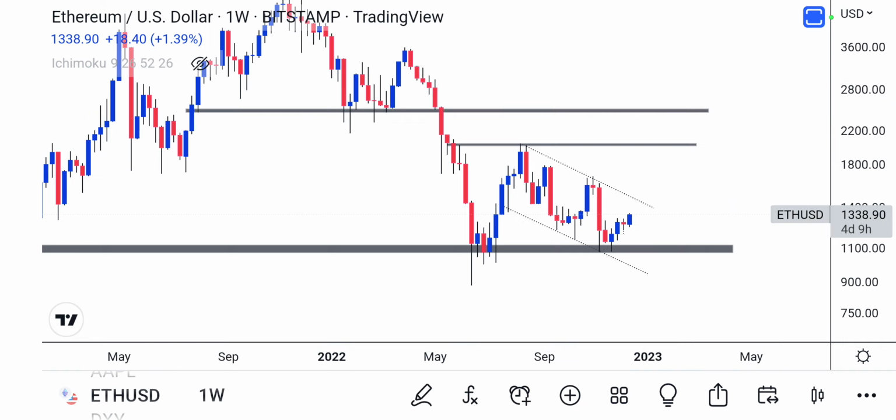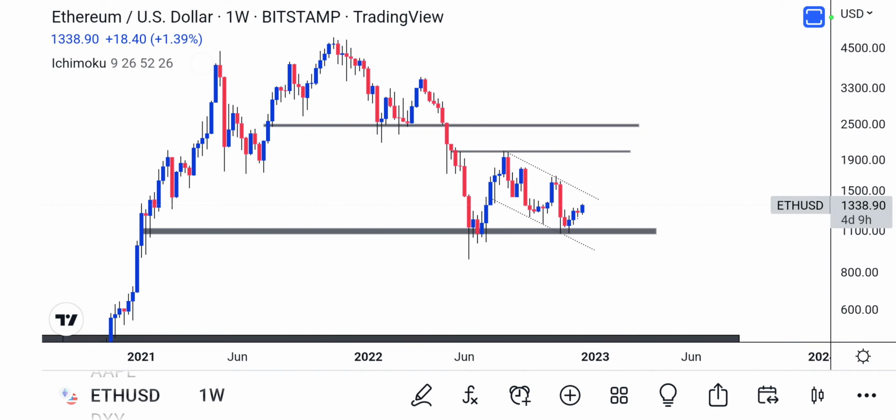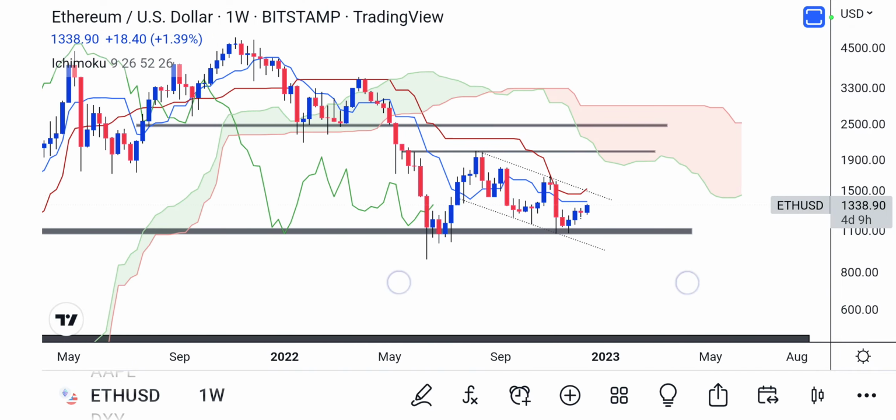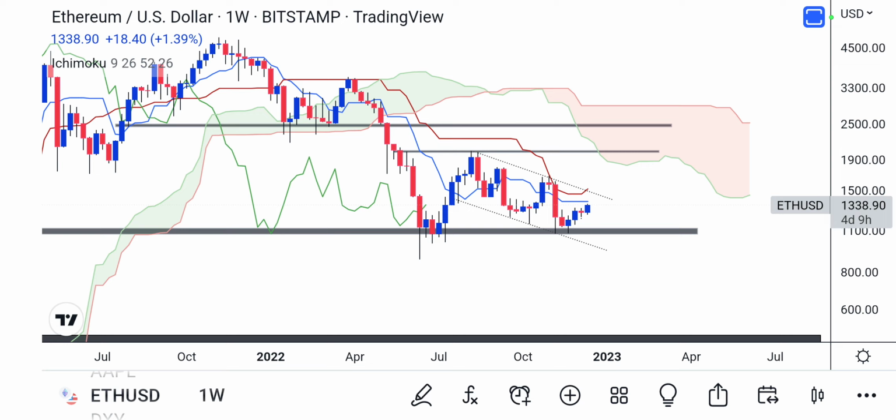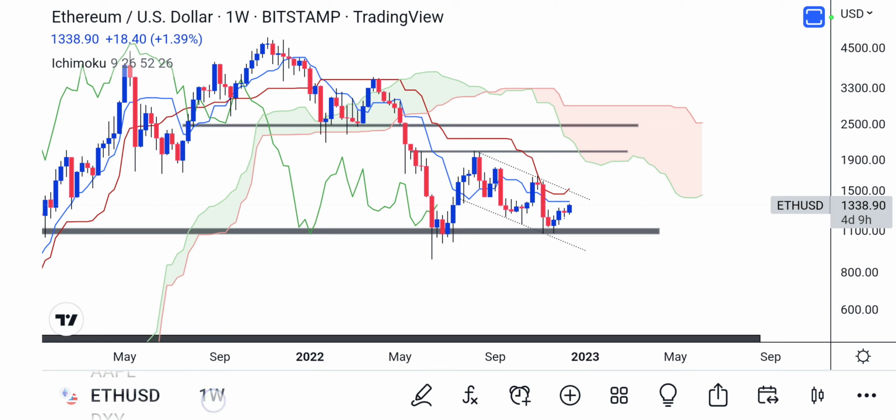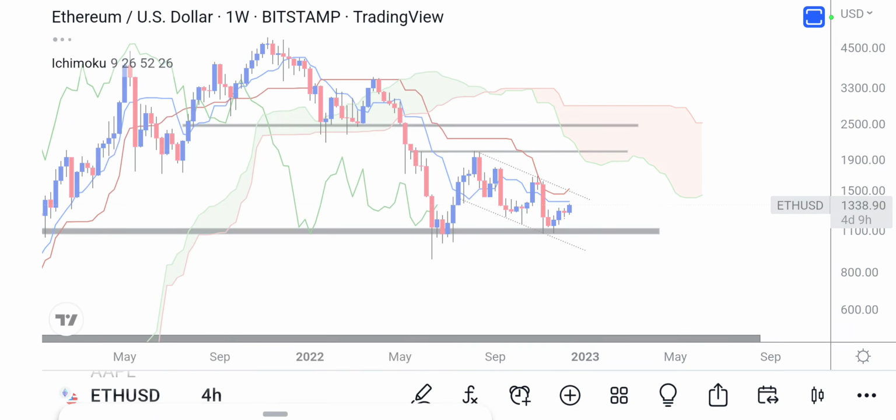We should take note of all this. Very, very important. And what about the Ichimoku? We're yet to see the bullish cross, where the blue will cross the gray, the red, from bottom to the upside. Okay, I think that is all for now.